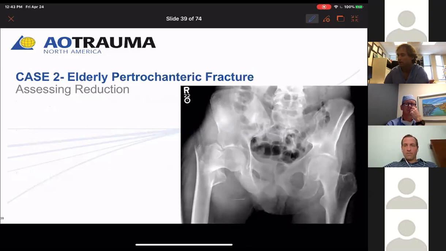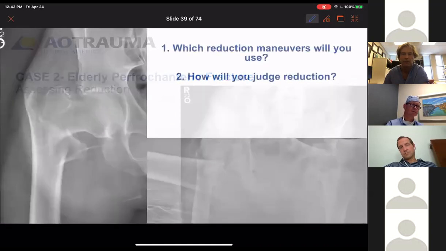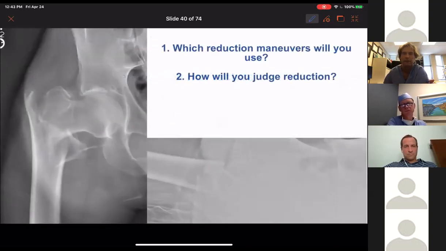All right, let's get a little harder. This is another one that looks quite similar to the one we just did. Those of you participating, think a little about your reduction maneuvers. You've heard from the faculty that their standard reduction is typically longitudinal traction and some form of internal rotation.